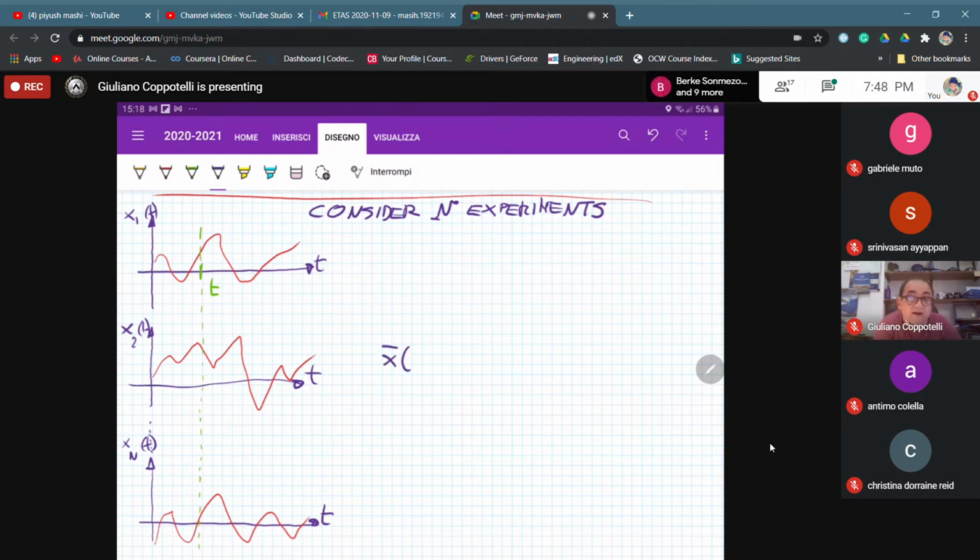of the outcomes when evaluated at the parameter t, time t, for example, is given by this formula that you should know very well.